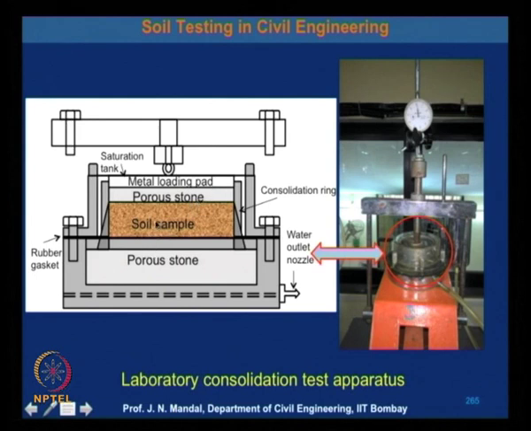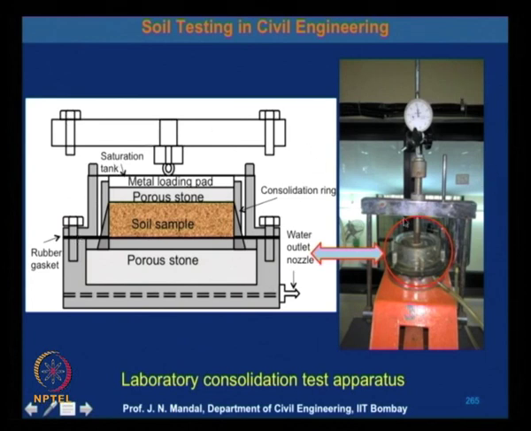If the water is drained both ways, then you have to place the porous stone on the top and the bottom, and then there is the metal loading pad, and then you are applying the load, and this is the water outlet, and this is the consolidometer ring, and this is the rubber gasket, and then the load is applied here.